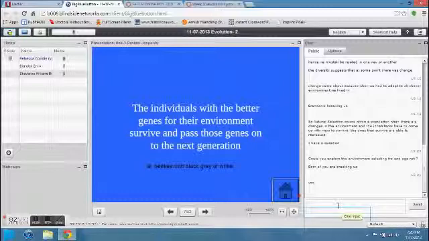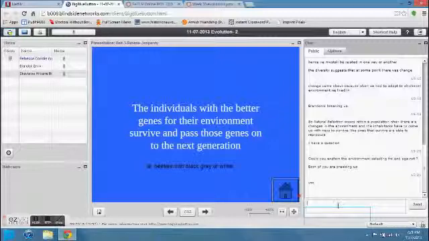So, let's think of a trait. I'll use the example I used in SI last week, I believe it was. People who have darker skin are more able to do well in sunny, hot climates because the pigments in their skin provide a protection against UV.